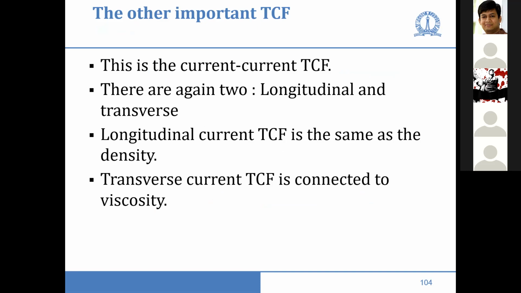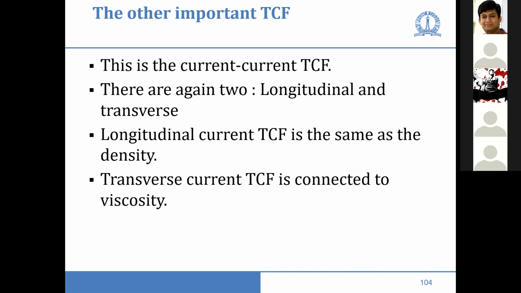That's conservation of number. If you take the Fourier transform of that, you get k dot G, where G is the current, which is the longitudinal part. So the longitudinal current is the same as the dynamic structure, so you don't have to do it. The transverse current is the one that is orthogonal to k.